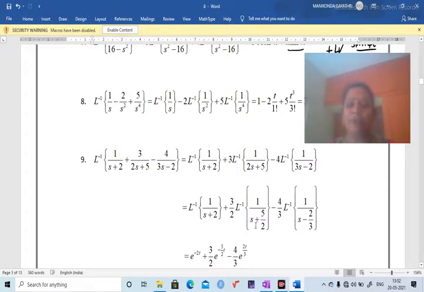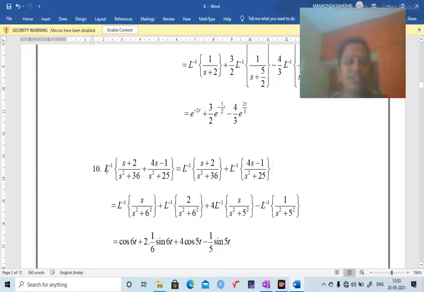Here plus 5 by 2 is there, that's why L inverse is e power minus 5 by 2 into t. Here 3 is common, then the denominator becomes s minus 2 by 3. Here minus 2 by 3 is there, that's why L inverse is e power 2 by 3 into t. So the final answer is this one.